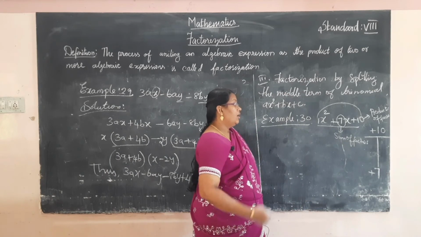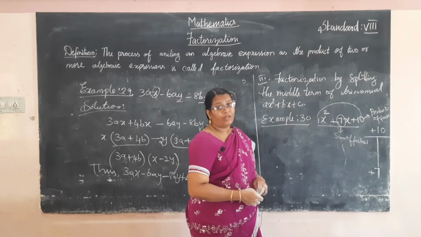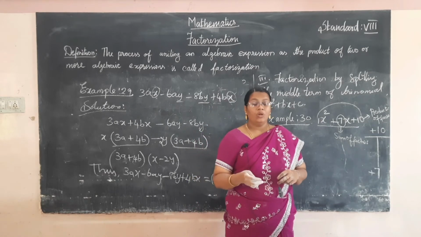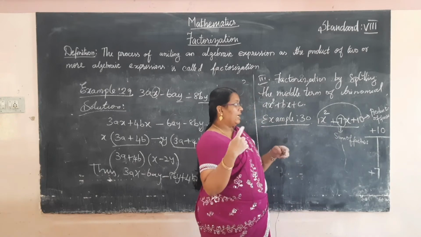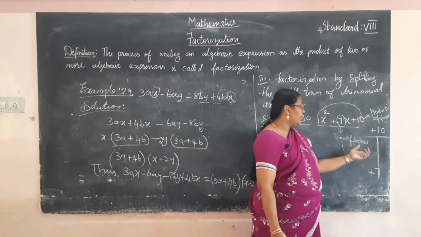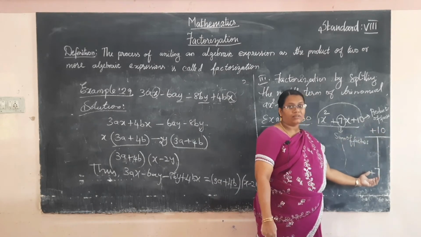Now we have to find the factors of 10. What are the factors of 10? 2 into 5, 5 into 2. You have to calculate all the factors which satisfy the product of factors and sum of factors.